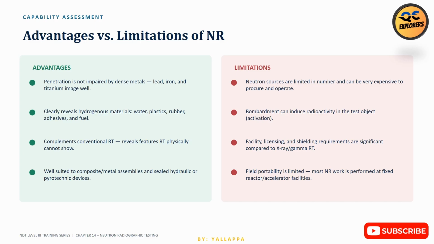The best method is the one that provides the information needed with the greatest reliability, safety, and efficiency. Now that we've discussed the strengths and limitations of neutron radiography, the next logical question is, where do neutrons actually come from? In the next section, we'll examine the three primary neutron sources used in industrial neutron radiography.